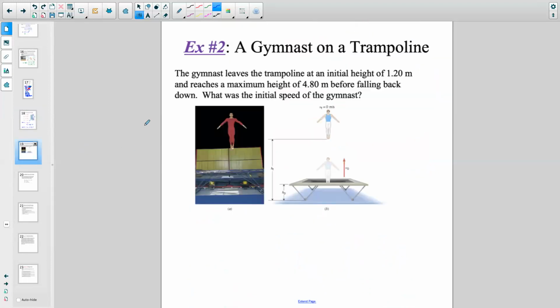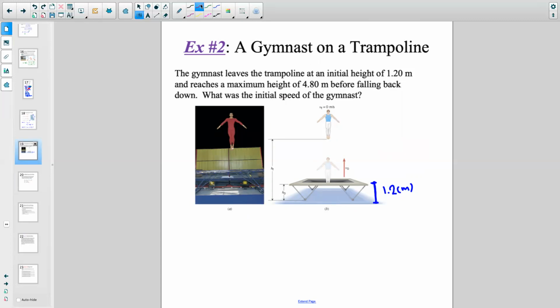Okay, let's take a look at this example. So I have a gymnast leaving a trampoline at an initial height of 1.2 meters. So this is what the height is initially at this point from the ground. And then he will go and reach the maximum height of 4.8 meters before falling down.